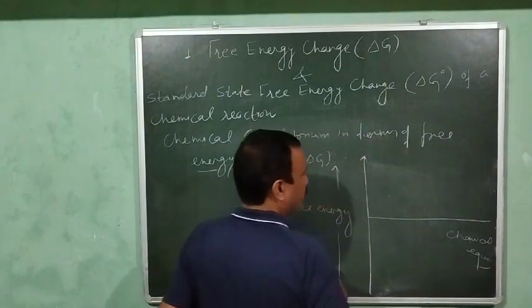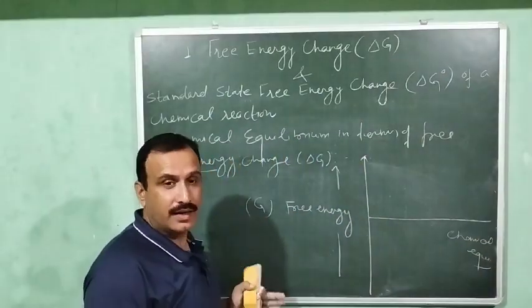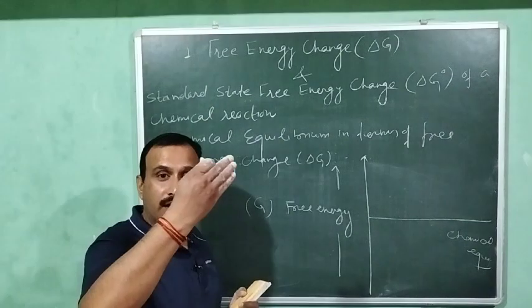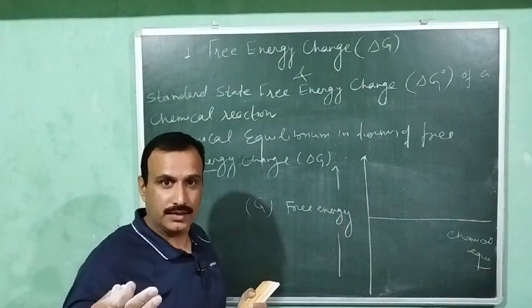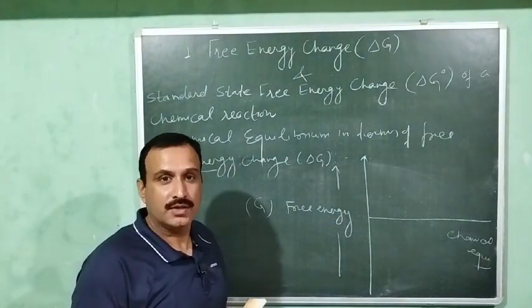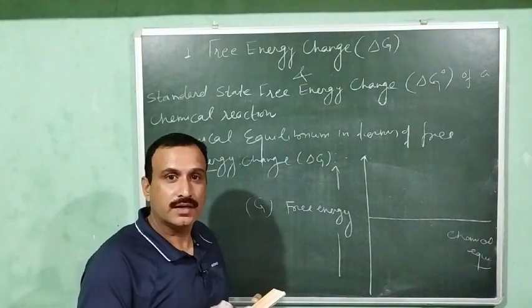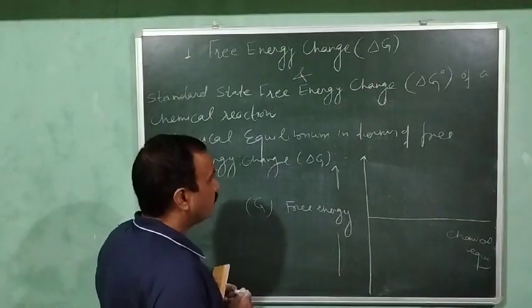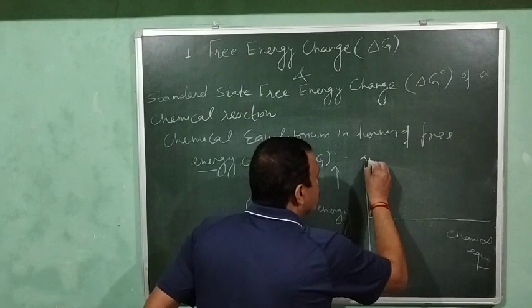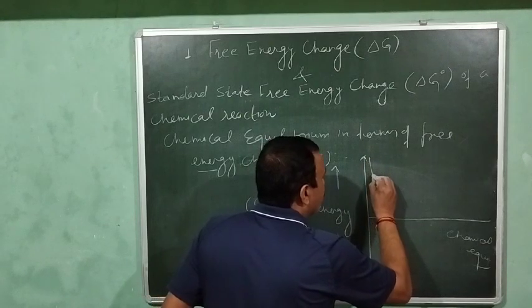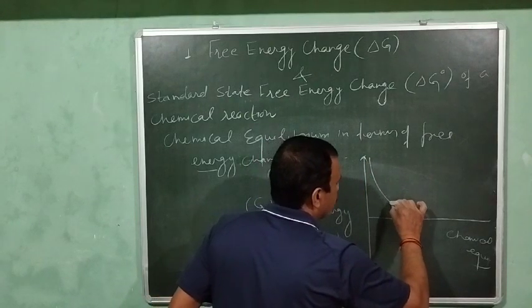Okay, now as I said that as the reaction progresses the free energy of the reactants will decrease and those of products will increase because their concentration are changing. Concentration of reactants is decreasing and those of products is increasing. So like here, that is the concentration and the free energy of the reactants is decreasing.